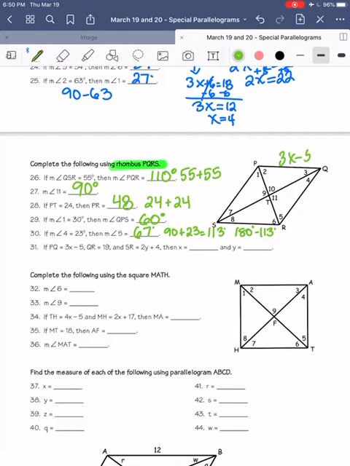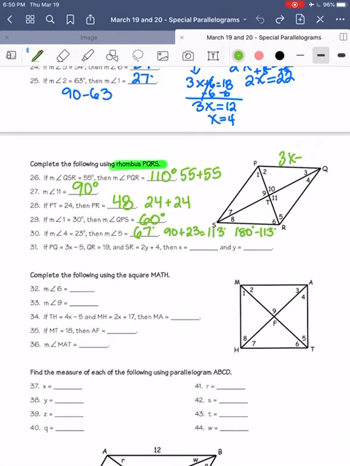And then PQ is 3x minus 5, QR is 19, SR is 2y plus 4, and so it's finding x and y. Now, it seems like we should put opposite sides equal to each other, but do you see that this one has an x and this one has a y? So that's not really smart.